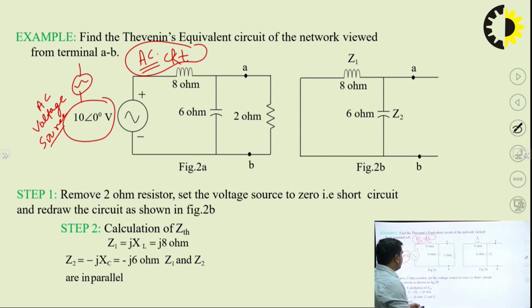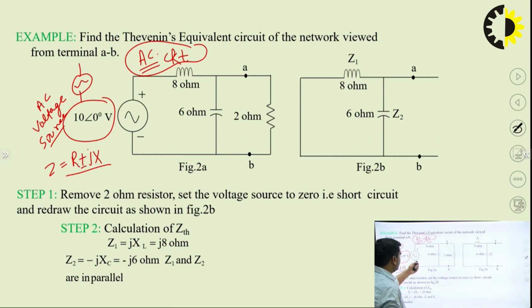Here we deal with impedance, and we already know that Z equals R plus JX. R is the resistance, X is the reactance. It may be R plus or minus JX.